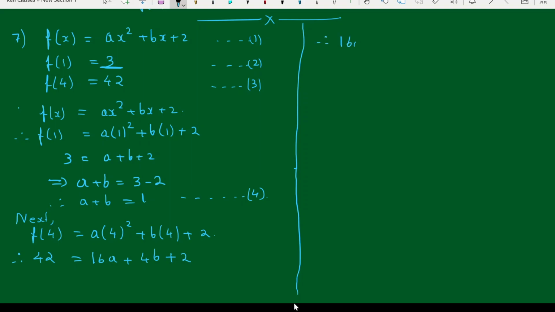Therefore, 16a plus 4b is equal to 42 minus 2, which is 40. And therefore, 4a plus b is equal to 10. Reason? Dividing by 4. And we can call this as equation 5. So हमारे पास दो equations है.